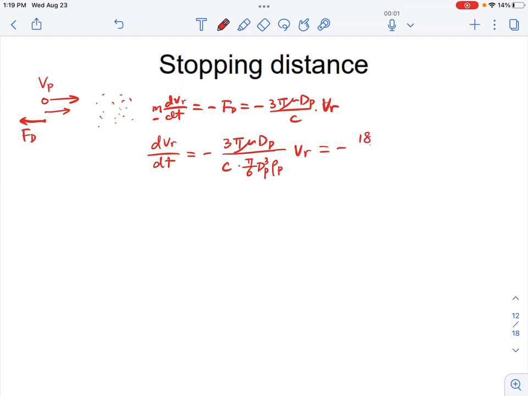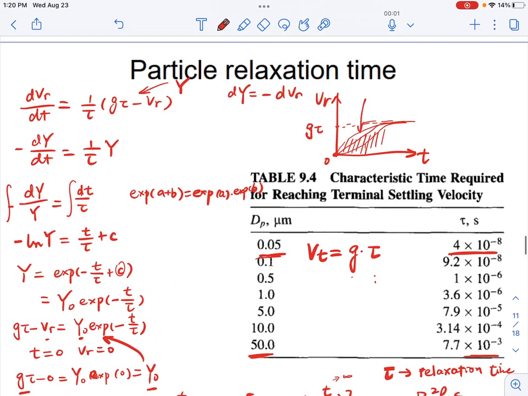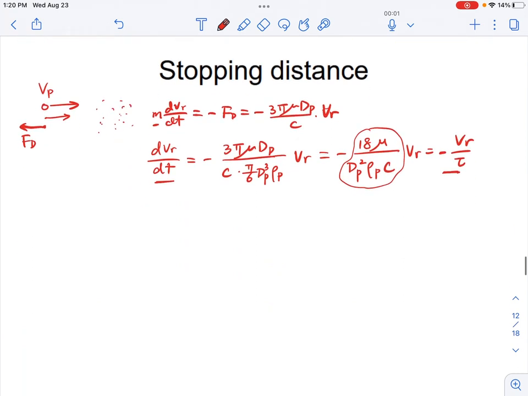Which is further minus 18 mu over dp squared rho p C, multiplied by Vr. Again, this is our old friend, which is just minus 1 over tau.